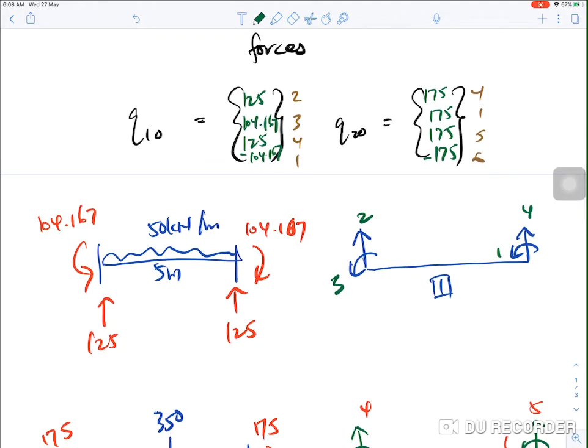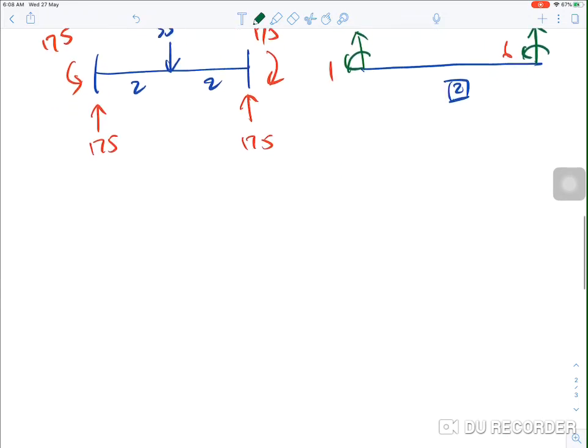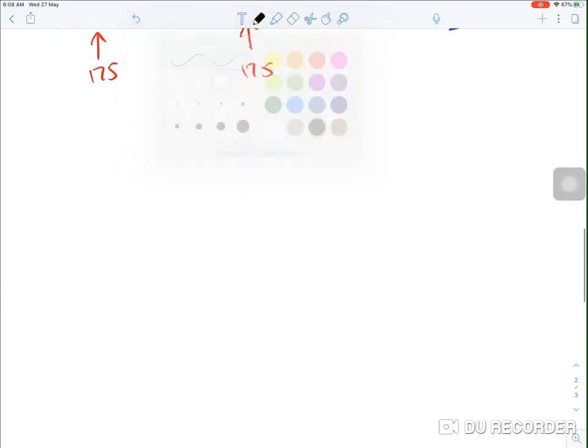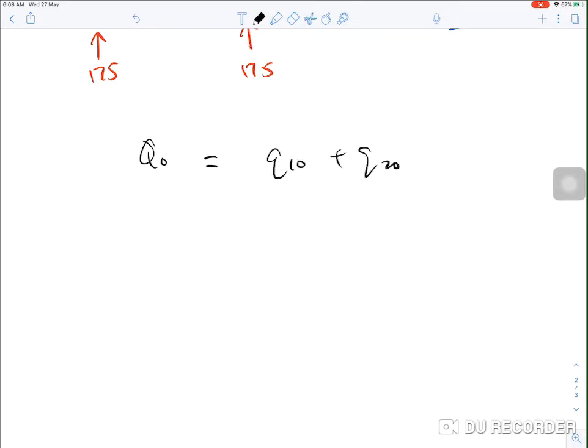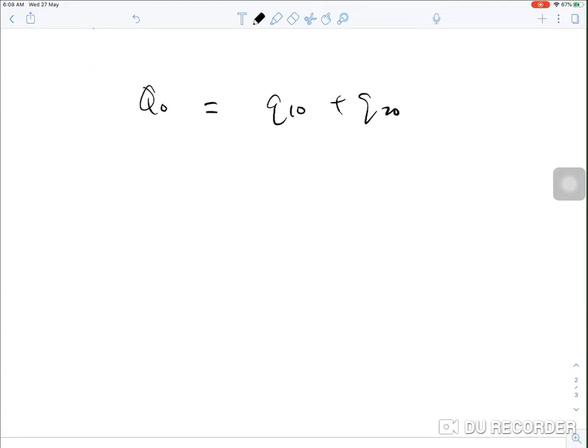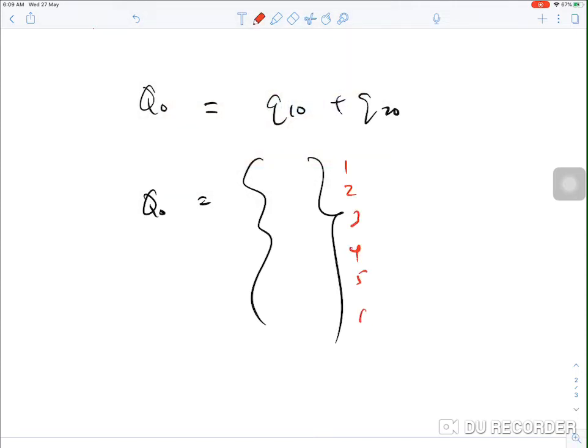Okay, so to establish the equivalent nodal forces, it is Q naught equal to Q1 naught plus Q2 naught. Since this is for the beam, it is 1 to 6, just like the structure stiffness matrix.